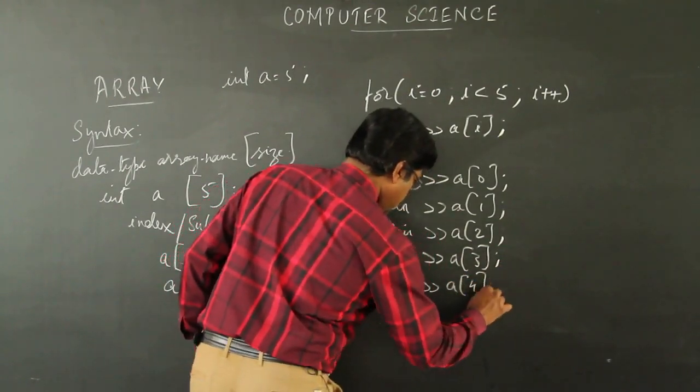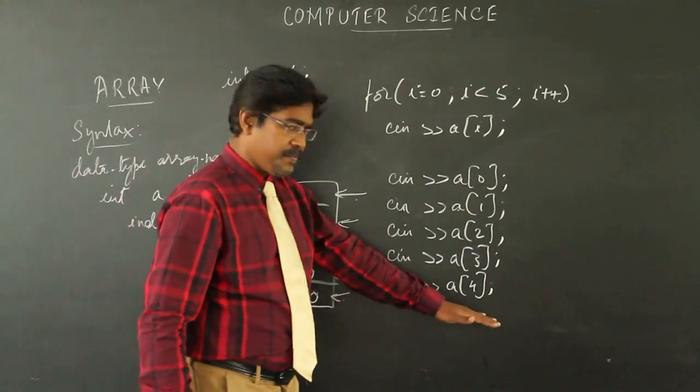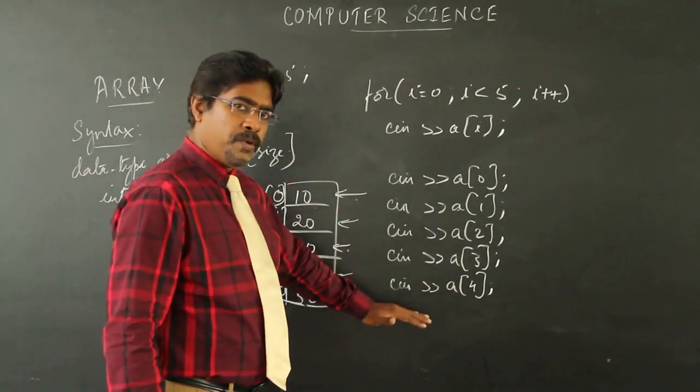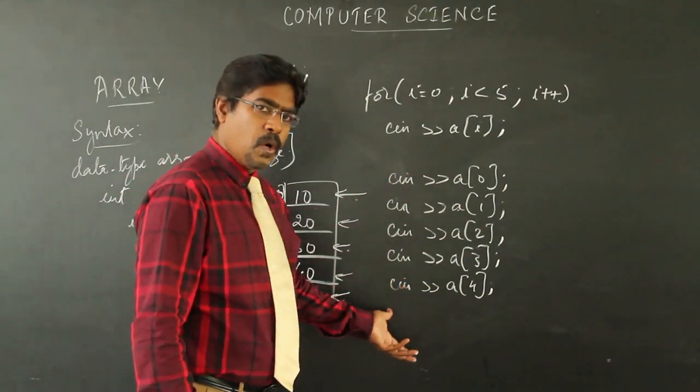You know that the last index ends with 4, we don't have 5. This is another way of working with an array, but only for 5 elements.